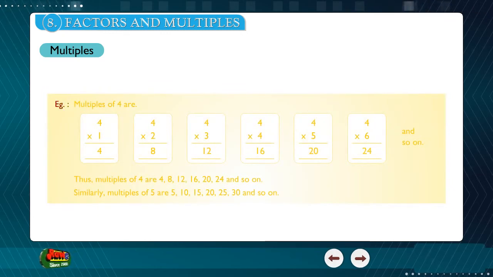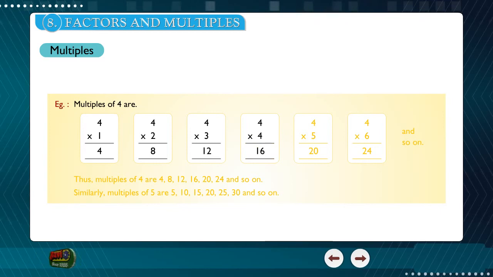Example: multiples of 4 are 4 × 1 = 4, 4 × 2 = 8, 4 × 3 = 12, 4 × 4 = 16, 4 × 5 = 20, 4 × 6 = 24 and so on.